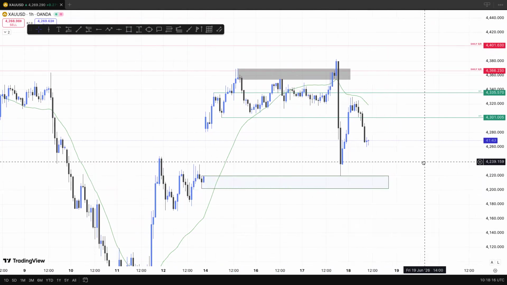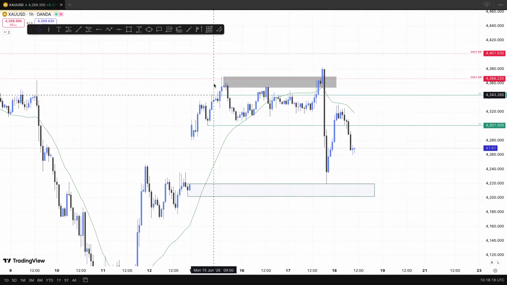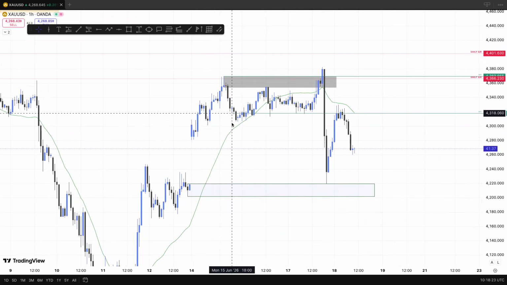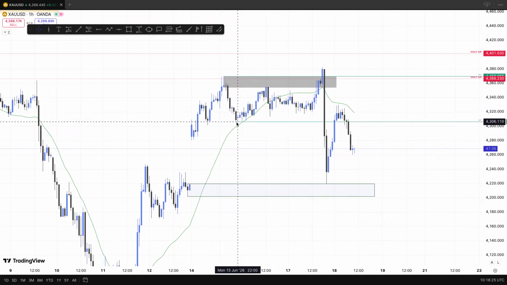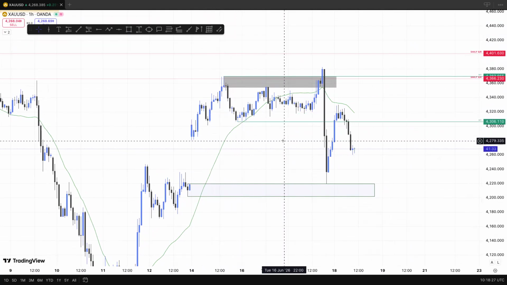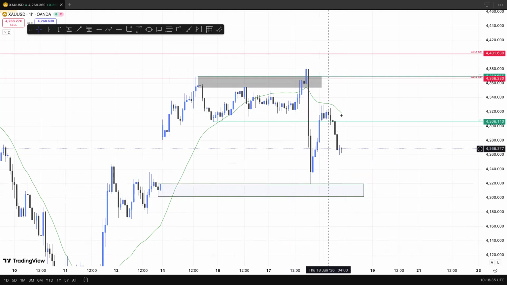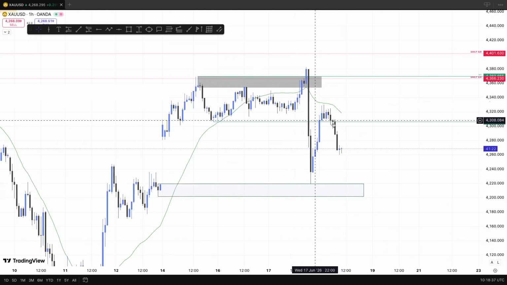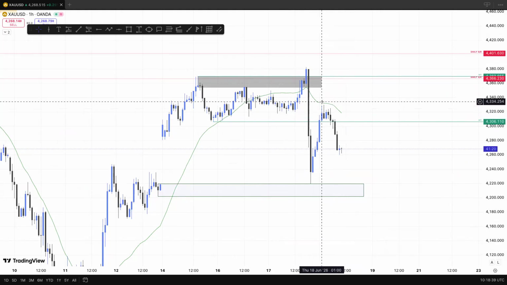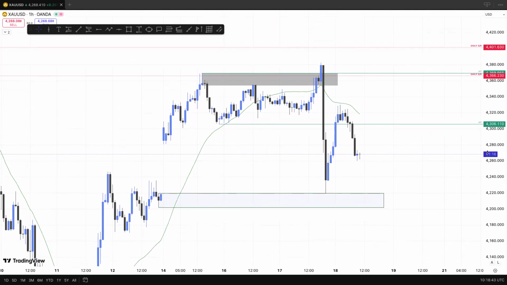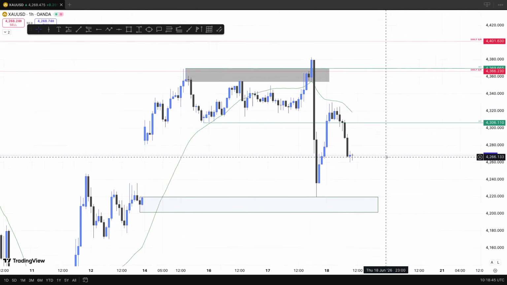Okay, so right now, XAUUSD is also bearish. Once price touched this demand, price went back into the sell side liquidity, grabbed some volume, and now price is distributing down back into the demand it tested.